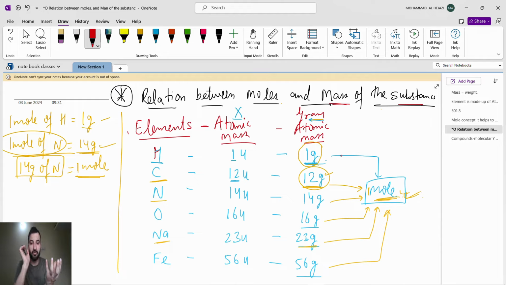It is 16, so 16 U, 16 gram. Okay. Same, if I tell you 16 gram of oxygen, in one element we have 16 atomic mass. So that will be 1 mole.